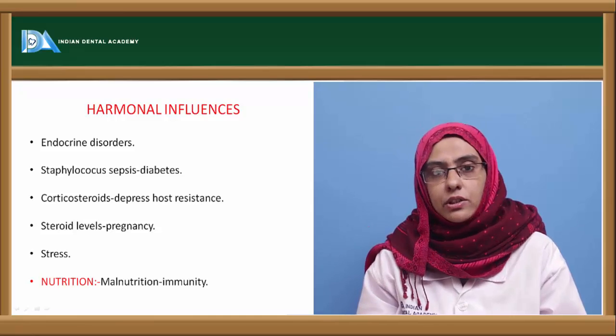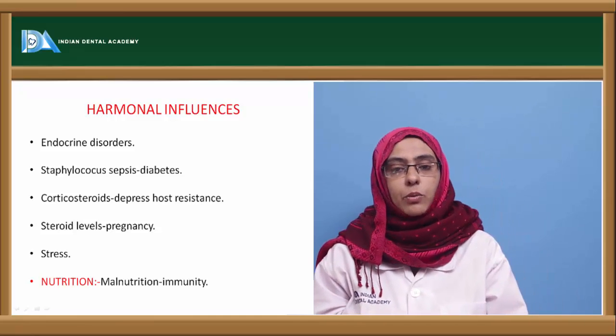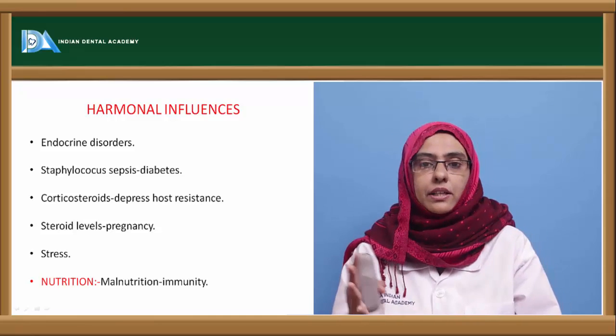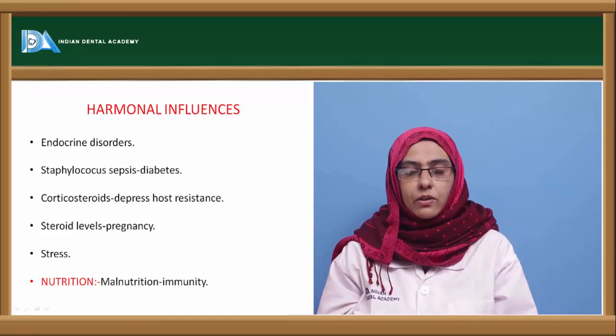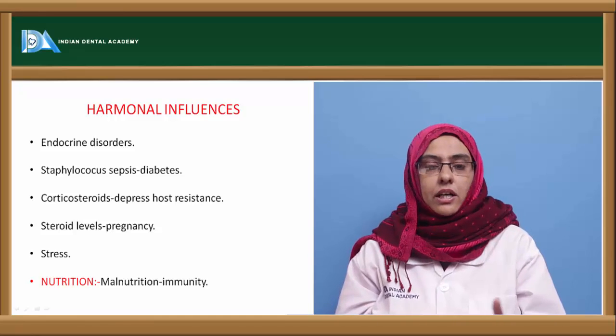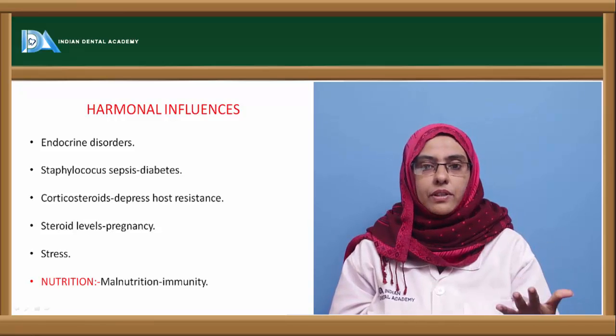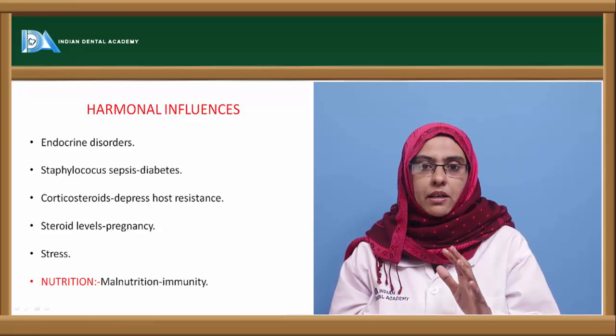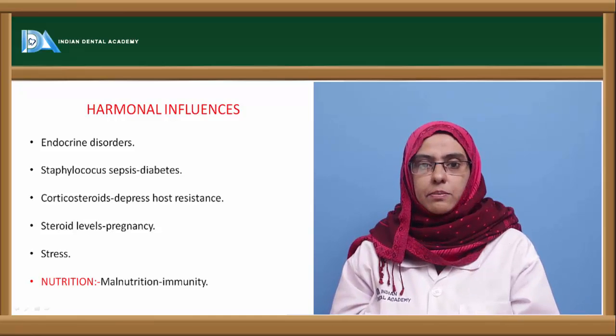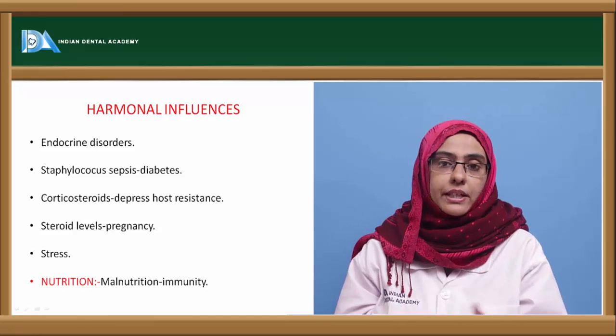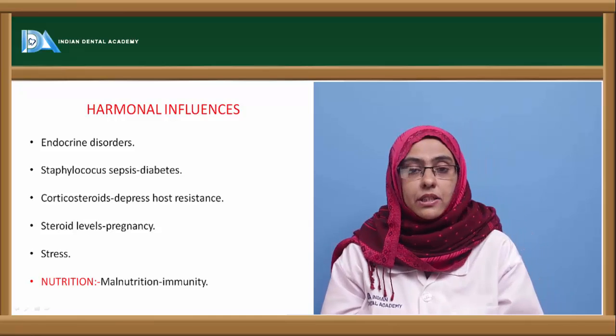And then we have corticosteroids, which have both a beneficial and a harmful role in the human body. The harmful role is that they depress the host resistance towards different types of infection. That means the presence of corticosteroids makes the person more liable to be affected by different diseases.